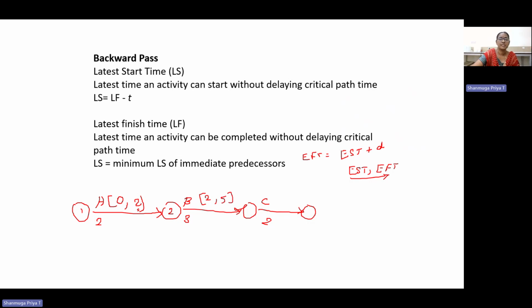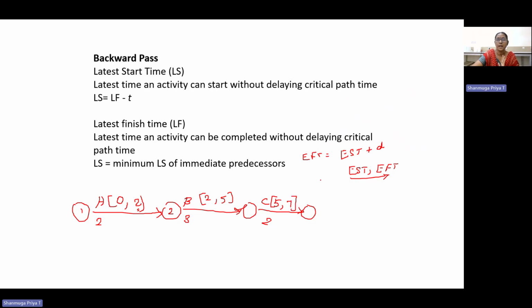This is the earliest finish time of B. Then coming to the C activity, the earliest start time is the earliest finish time of the preceding activity, that is 5, plus duration, 5 plus 2, 7.